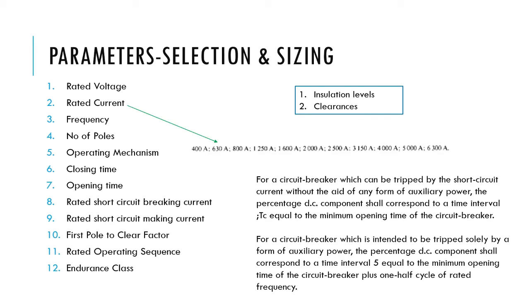Apart from this, we have some other parameters like rated capacitor breaking currents or line charging currents, and other conditions such as rated short time withstand current when you are operating capacitor banks, series reactors or shunt reactors, and transmission line charging, as well as TRVs, transient recovery voltages.